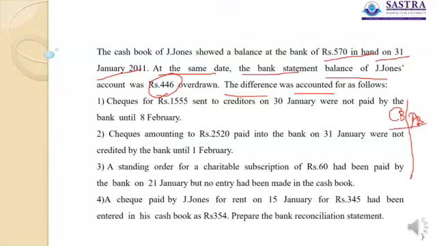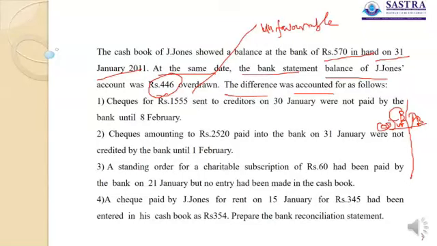But the passbook bank balance is overdrawn, that means OD balance, overdrawn balance, unfavorable balance. So this is otherwise known as unfavorable or adverse balance.